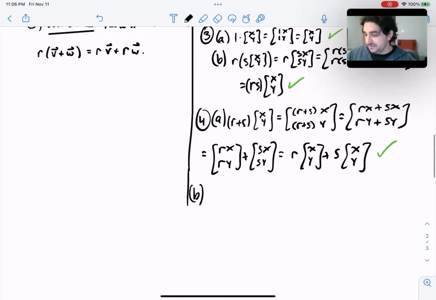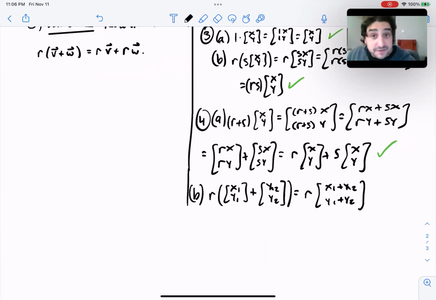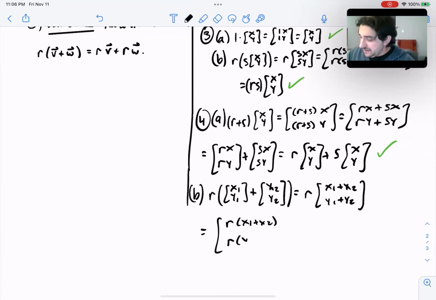For B, very similar. I want r to be multiplied by a sum of two vectors. And so what happens here? Well, working inside the parentheses, following order of operations, first I add my vectors, and then I multiply it by r. Component-wise, then I apply the ordinary distributive law for real numbers.